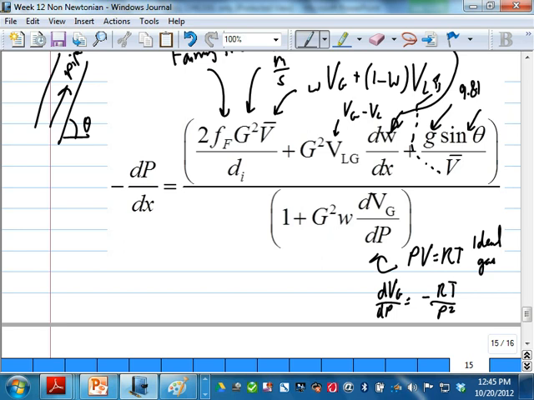Fanning friction factor might change. If it's boiling or condensation, the dW dx will change.